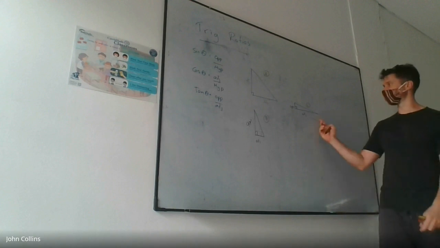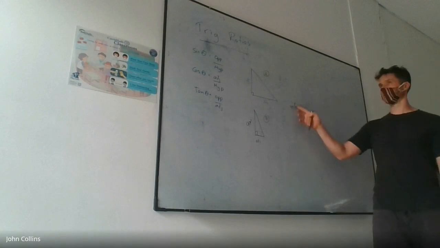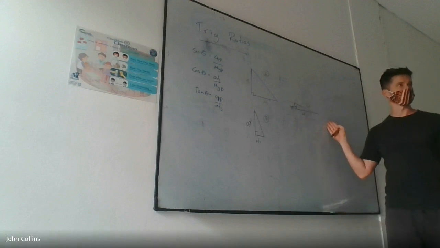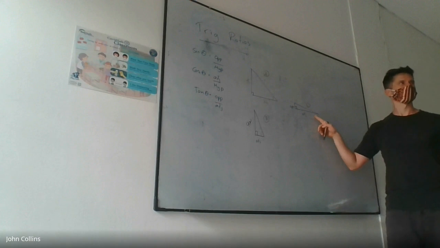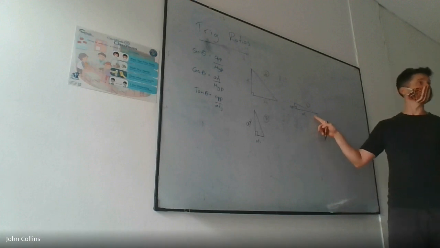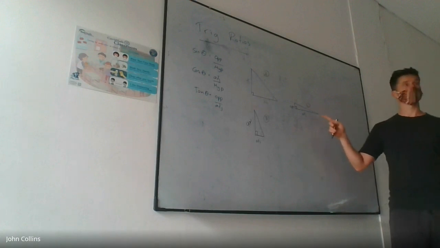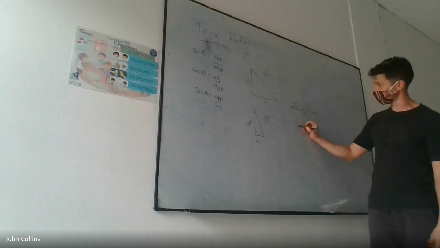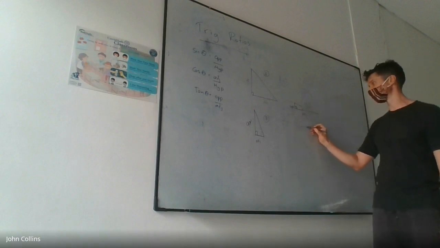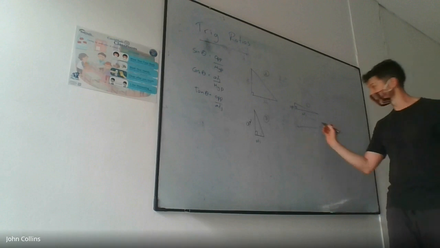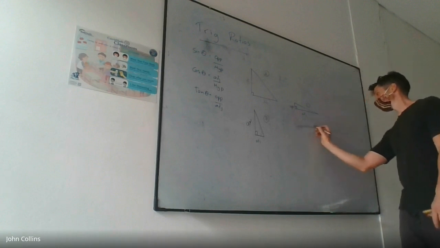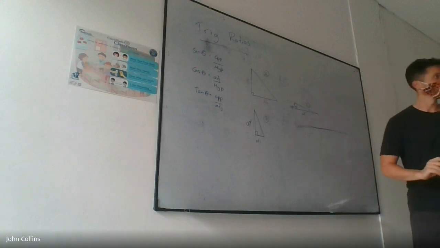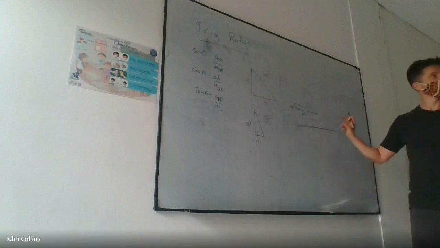Is it ever possible to have a small opposite and a large adjacent, but have a large angle here? No, it's never possible. So they use this fact that we can look at the ratios. If the opposite is tiny and the adjacent is huge, this is a sliver. I can't even draw it, the angle is so small.